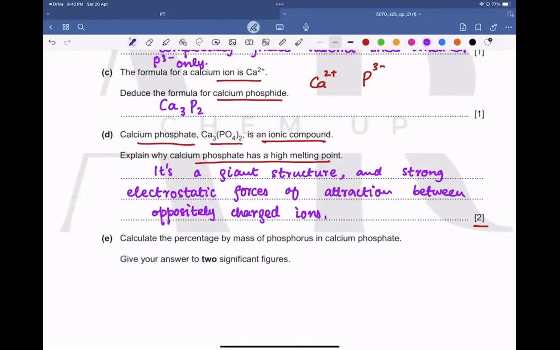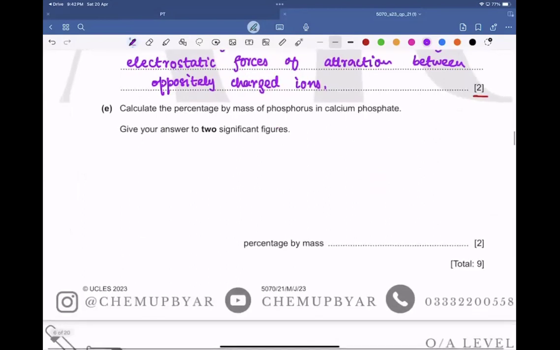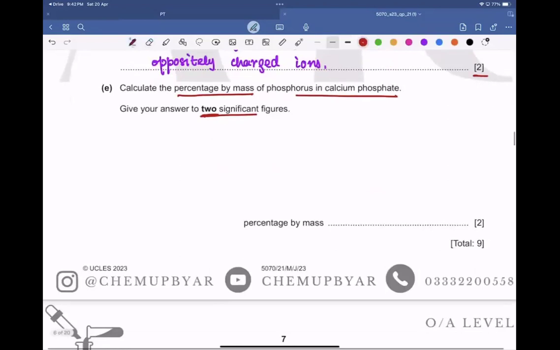It doesn't matter. Now, calculate the percentage by mass of phosphorus in calcium phosphate. Give your answer to two significant figures. See, 2 is bold, so you have to be very careful when you are writing the answer over here. It must be in two significant figures only. Okay, so the formula is Ca3(PO4)2.